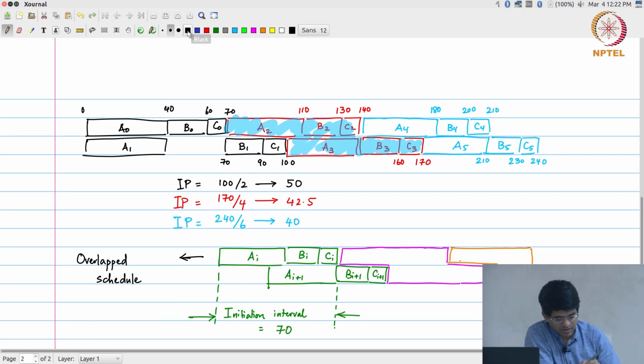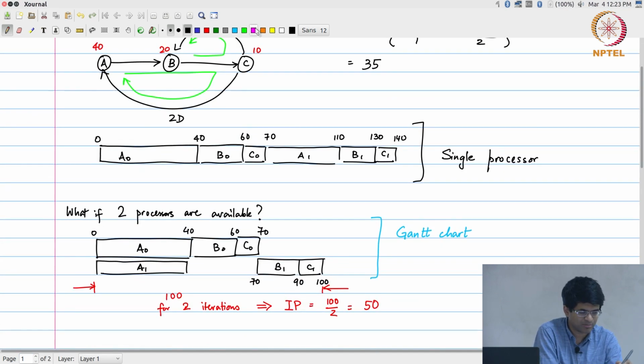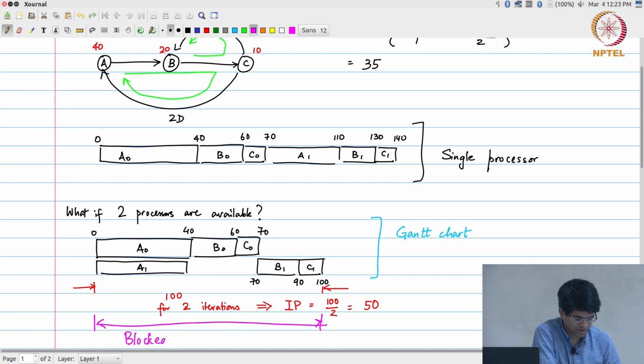Let us contrast this with what would have happened if I insisted on having a completely blocked schedule. That is precisely what we have over here. This is an example of what I would call a block or blocked schedule as opposed to an overlapped schedule. So it is not that it is actually blocking something, it is more that it is being executed as one block.